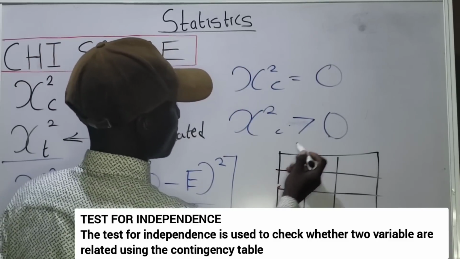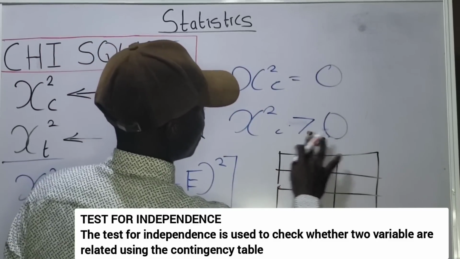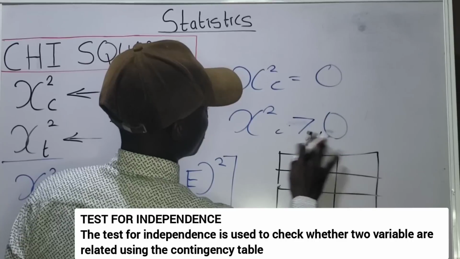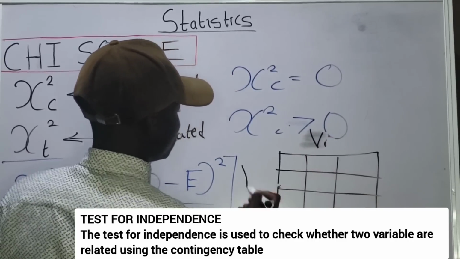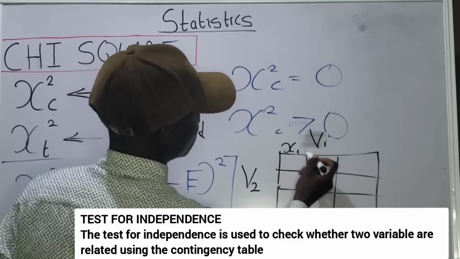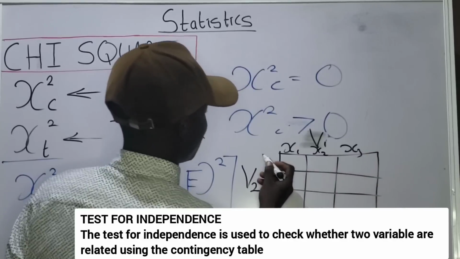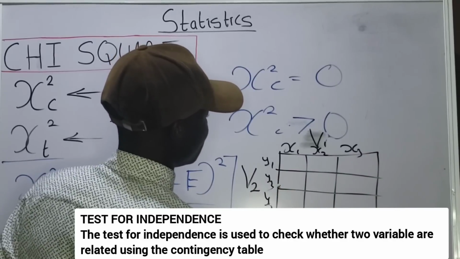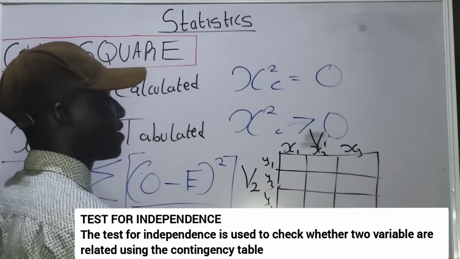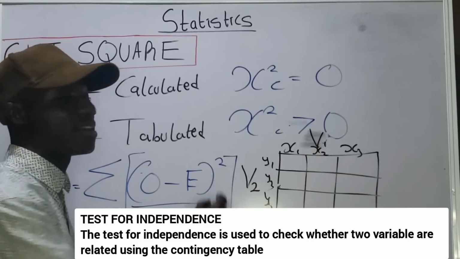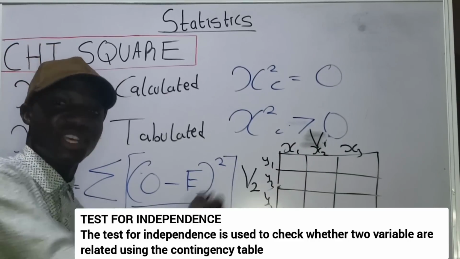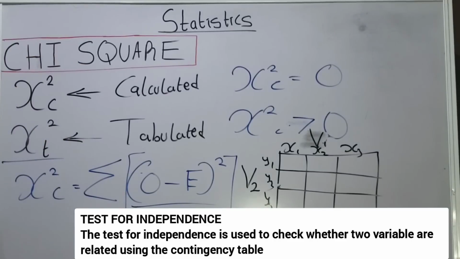You can have one variable, the first variable, the second variable, x1, x2, x3, y1, y2, y3. You may be asked whether variable 1 and variable 2 are related with respect to all these subsets. Don't worry, all you have to do is pay attention. This is a typical representation of a contingency table.